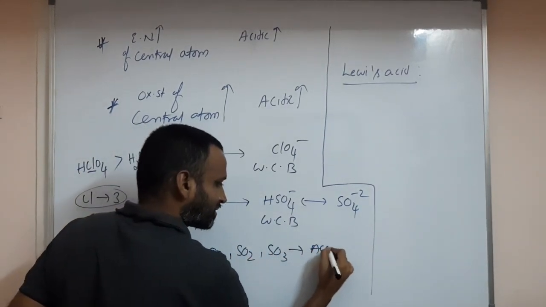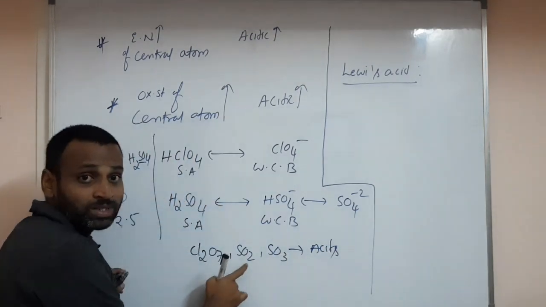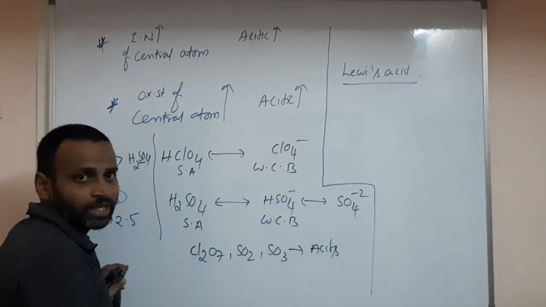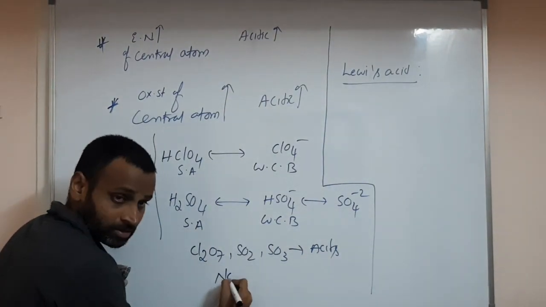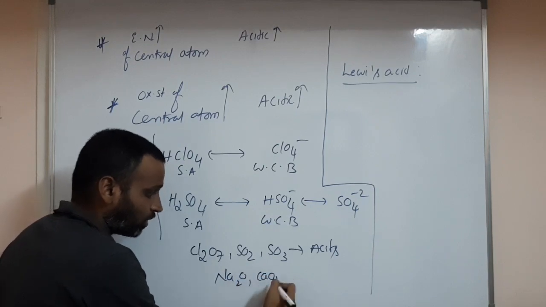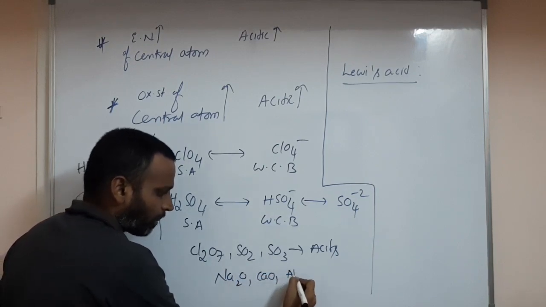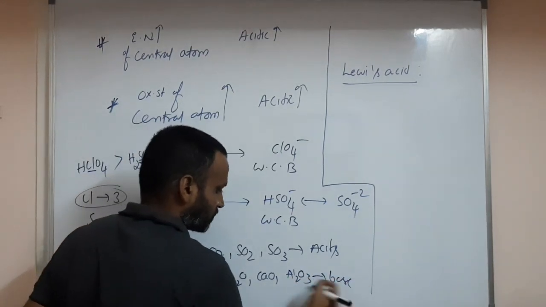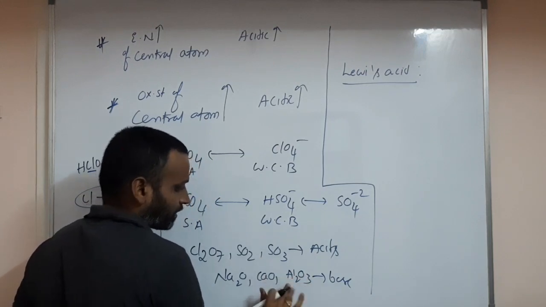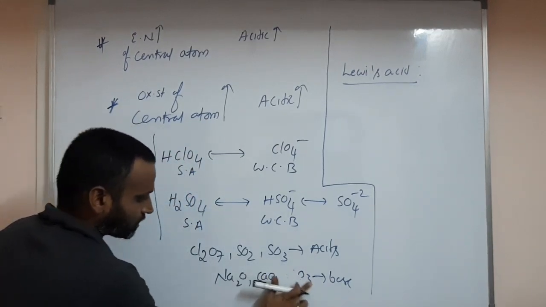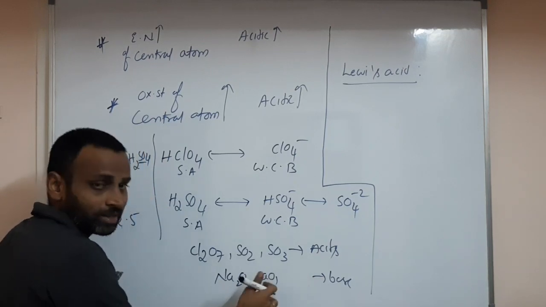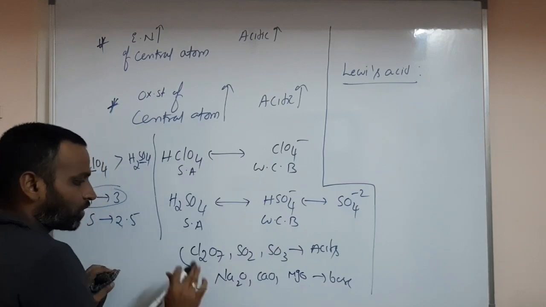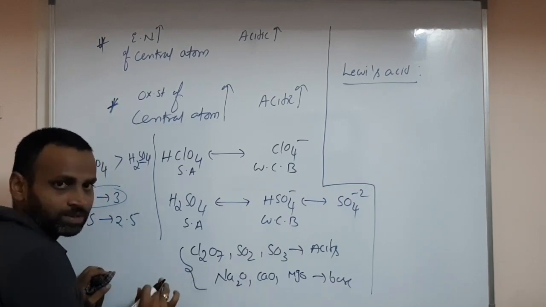These are acids, but not Bronsted acids. Why? A Bronsted acid has to donate H plus. Similarly, Na2O, CaO, Al2O3 and all these are bases. Of course, Al2O3 is amphoteric, but I am just giving it simply. Or any alkali metal and alkaline earth metal oxides like MgO. So these are not Bronsted acids and bases.